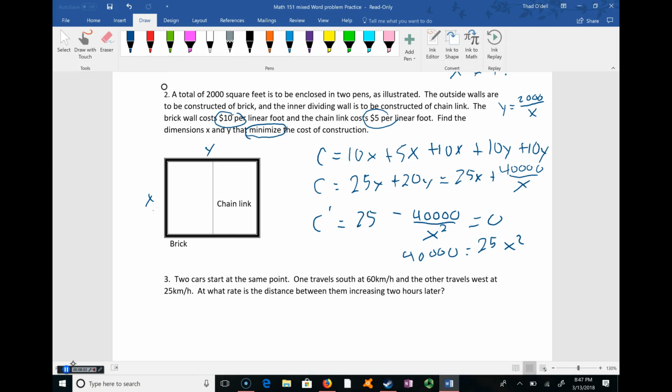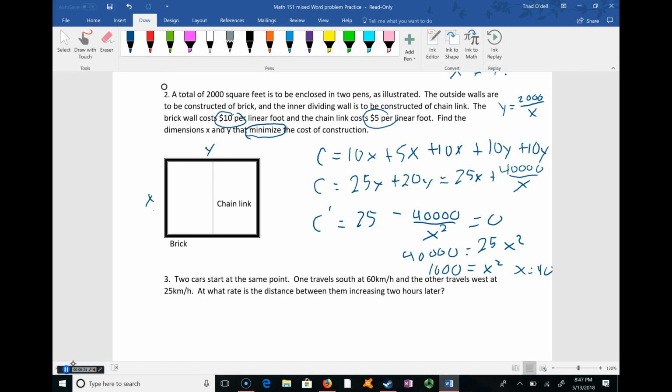Divide 40,000 by 25, and we get 1,600 is equal to x squared, which means x is equal to 40.